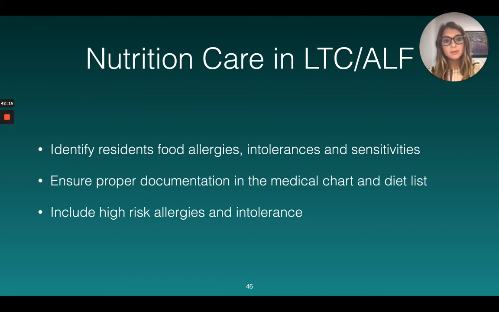If someone develops hives from a wheat allergy, it's important that their reaction is documented, so that in case an ingestion does happen or they start exhibiting any type of sign, you are able to look in the medical chart and identify if it is a possible reaction to a food item. So it's very important to know your residents, know what their potential allergies are and the reactions that can occur if they consume that product.